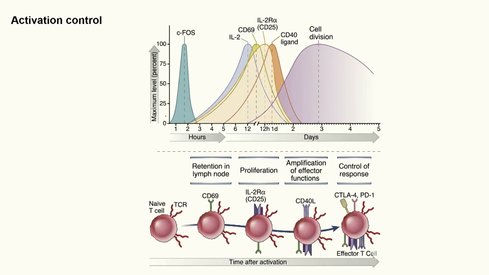On the y-axis, we can see the percentage levels of expression, and on the x-axis these are hours or days. In the very early phase, we can see the expression of c-Fos, which later is followed by IL-2 or CD69, and then later, at about a day, we can see the expression of the IL-2 specific receptor alpha, also called CD25.